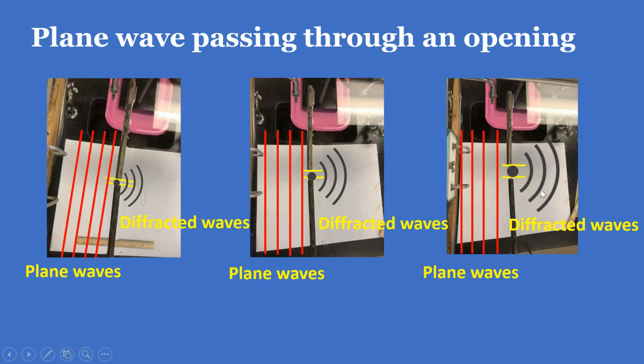The larger one was hard to see, but this one was very easy to study and actually measure the wavelength of the diffracted wave and compare with the wavelength of the upcoming wavefront, and we could verify they have the same size.